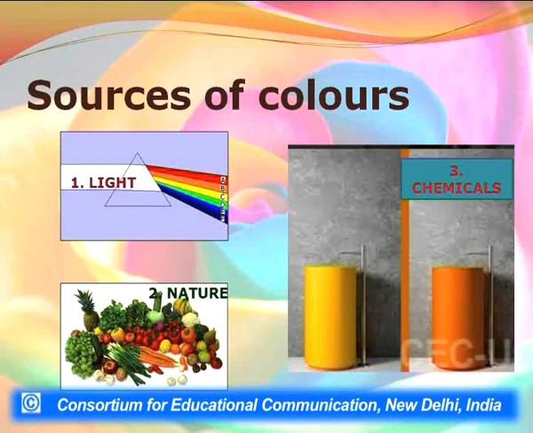So nature also is the second source of colors. Red tomatoes, green leafy vegetables, white radish, red carrot, yellow papaya, and in this way you will find a number of good colors in nature.